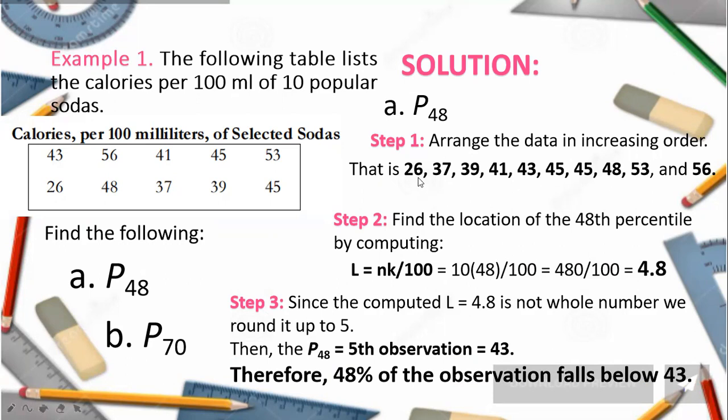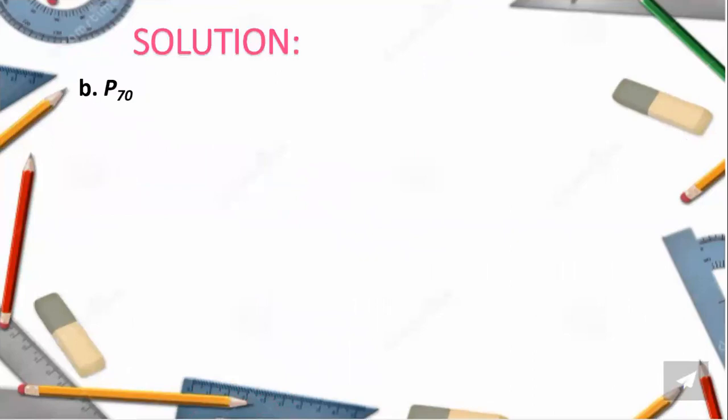So, 26 the first, 37 the second, 39 third, 41, then 43 is the 5th observation. Therefore, we can conclude that 48% of the observations fall below 43.